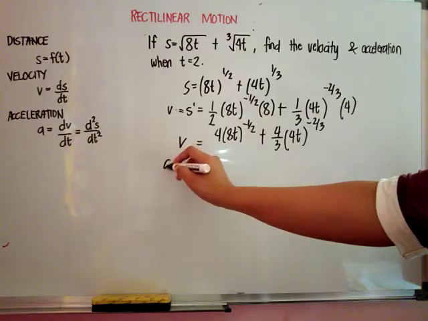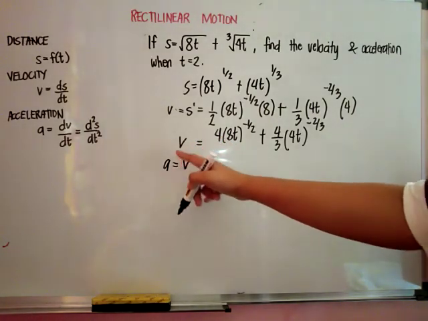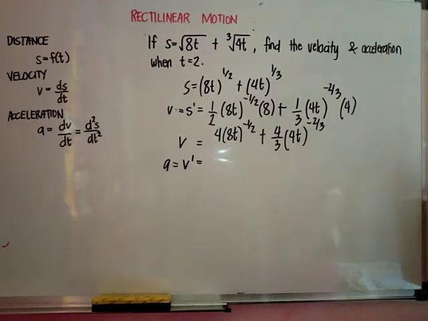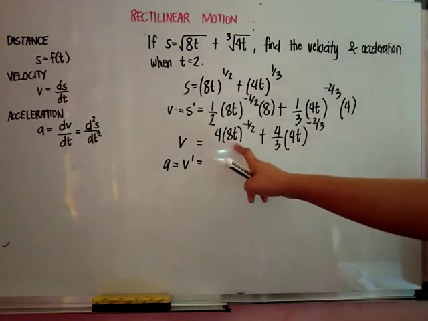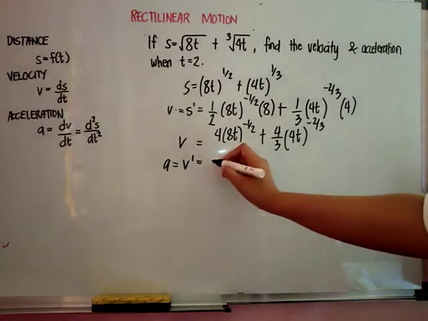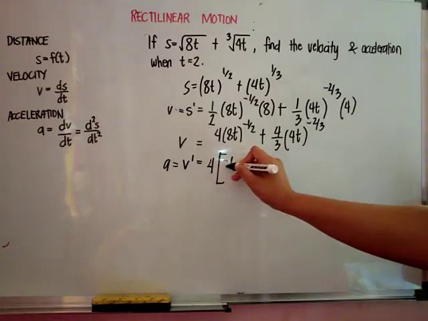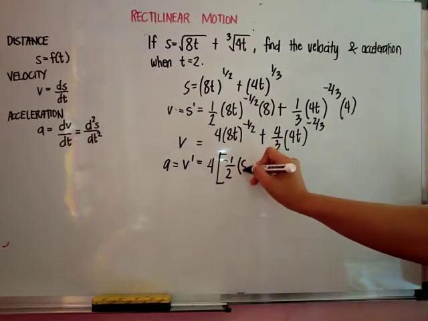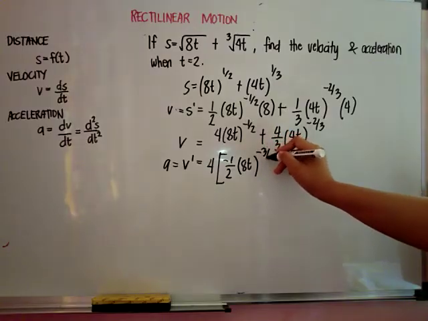So, we can get the derivative of velocity that is equal to the equation, acceleration. So, the derivative of this first term, so we have 4 multiplied by negative 1/2 times 80. So, negative 1/2 minus 1 is negative 3/2.